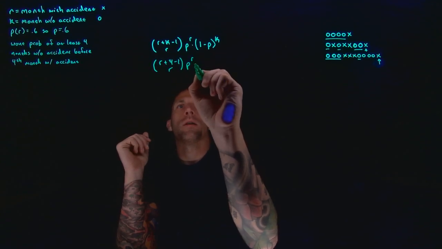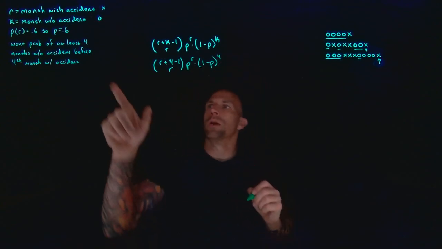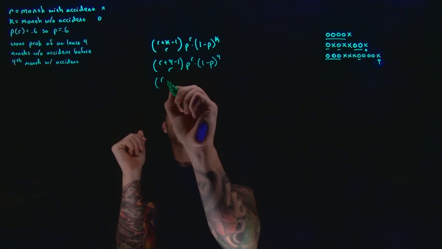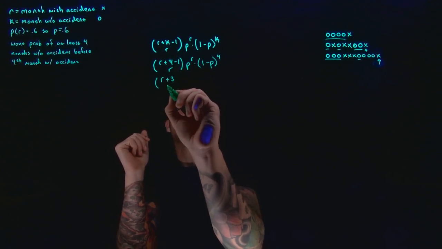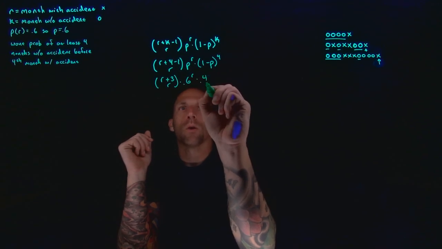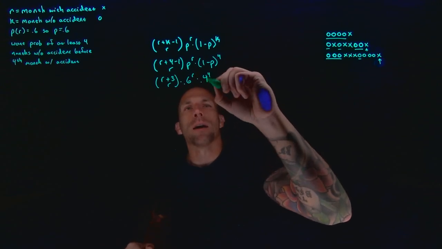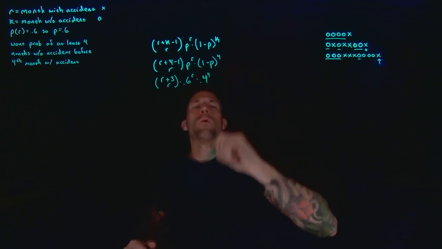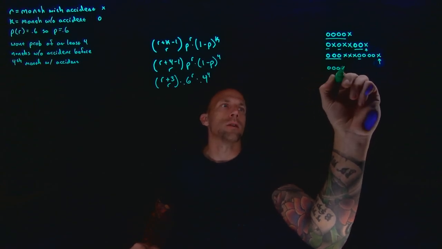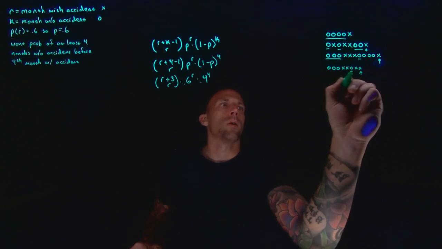We have P to the R times 1 minus P to the 4. But of course we know P is 60%. So we can rewrite again, and we can simplify here to just R plus 3 choose R, times 0.6 to the R times 0.4 raised to the K, which we've established is 4. So this 0.4 to the 4, that is our 4 months without an accident before we get to our fourth month with an accident.